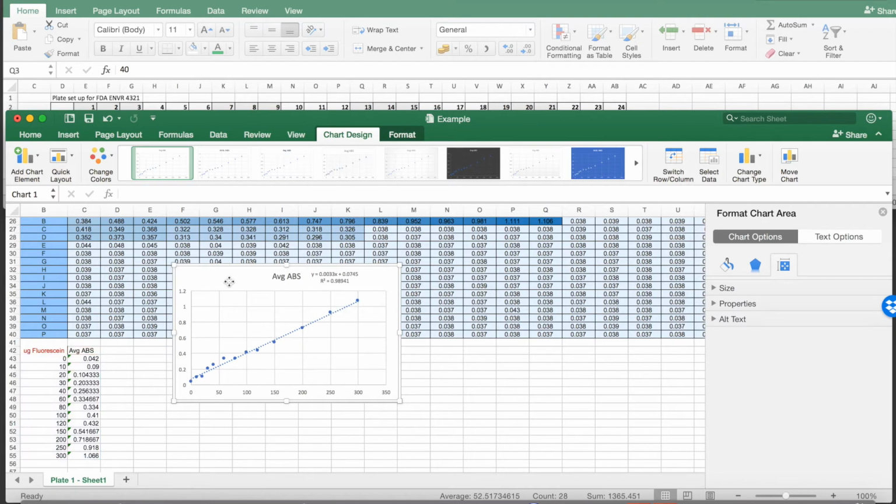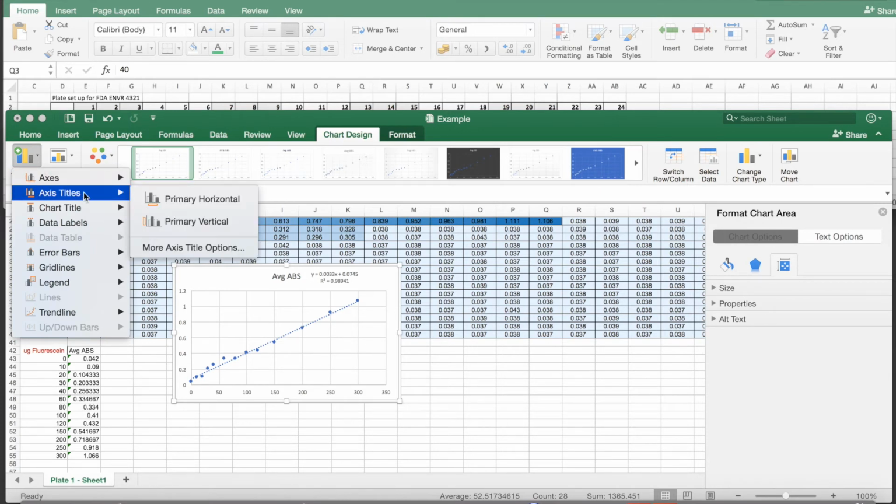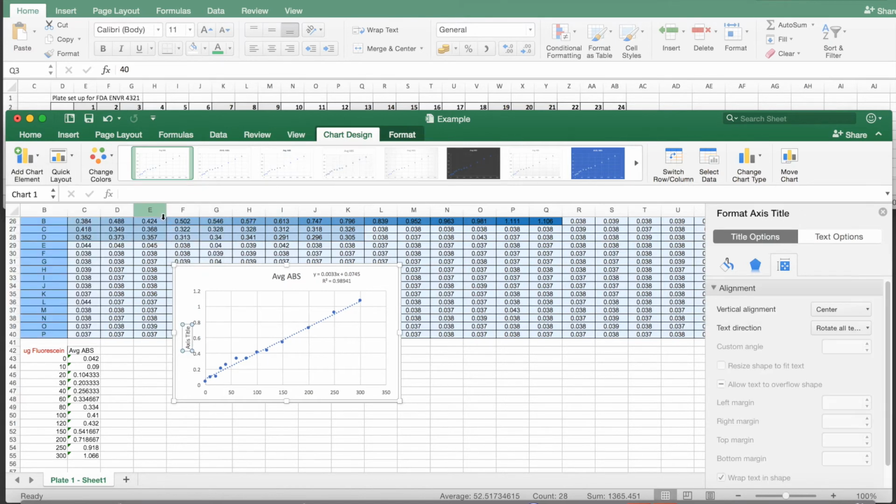Do you guys want to add the axis titles to this chart? Let's do it. Add axis titles. Let's add to the vertical axis, so here it's absorbance.